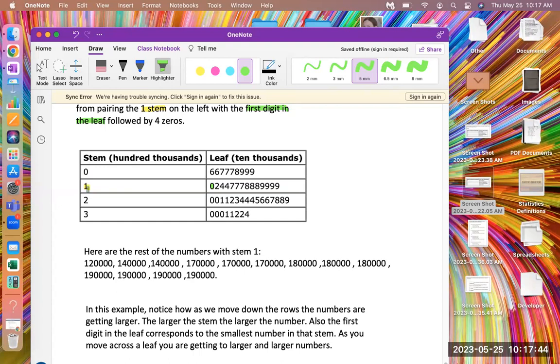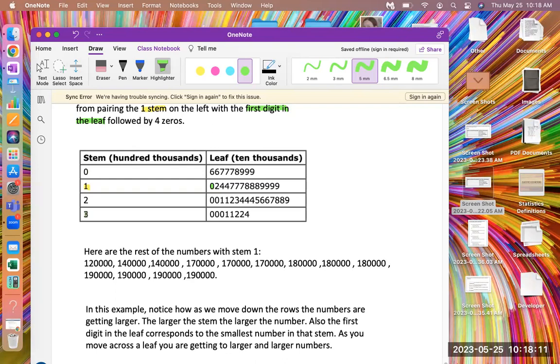So these all have a 100,000 plus whatever 10,000s they have. So these are all bigger numbers. And of course, the lower you go, these are numbers that have 200,000 and some 10,000s, well, not all of them, but some of them. And then you go to the 3, that's 300,000. So the larger the stem, the larger the number.